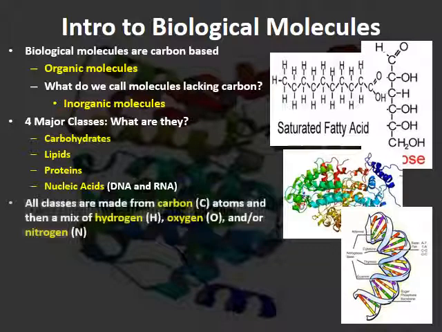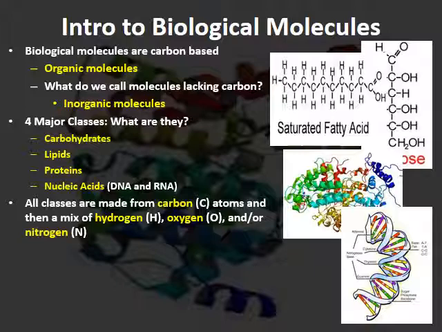Okay, so all of these classes, all these different groups, all have basically the same atoms. They are built from the same elements. They are carbon-based, so there are a lot of carbon atoms inside of them. But then we also see an abundant amount of hydrogens, oxygens, and sometimes nitrogen as well. Nitrogen is very common in our protein and amino acid groups.